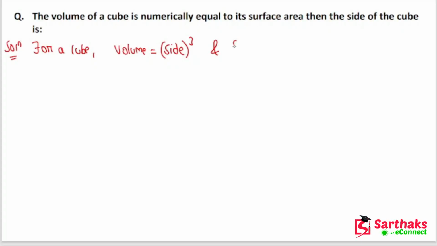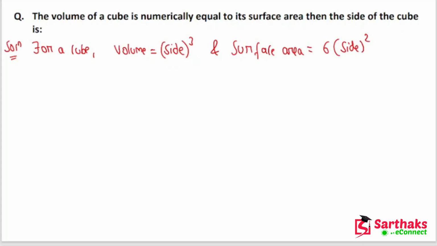What is the surface area? Surface area is the area of all the 6 surfaces. There are 6 surfaces and each surface would be side into side, that is side square. So this is 6 into side square. You should first recall the formulas, otherwise you would not be able to attempt this question, right?